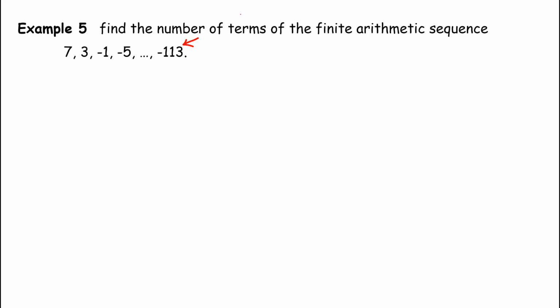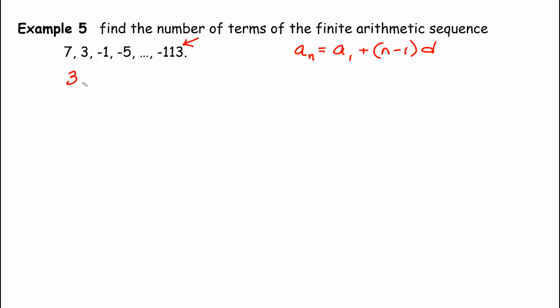So since this is an arithmetic sequence, we know that any term in the sequence can be written as a sub 1 plus n minus 1 times d, where n is the term number and d is the common difference. We can see for this sequence that the common difference is just -4, because every time you go from one term to the next, you subtract 4.